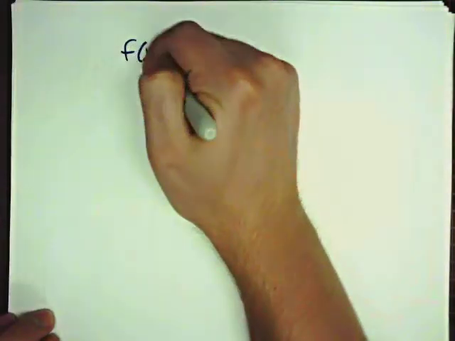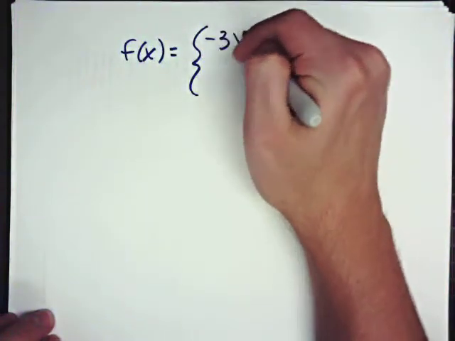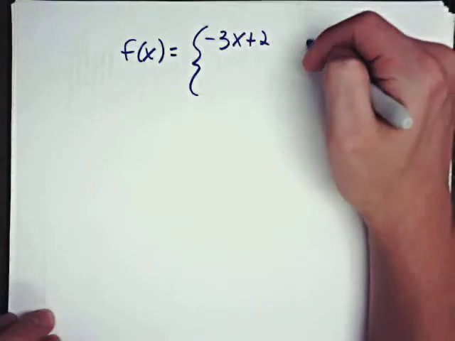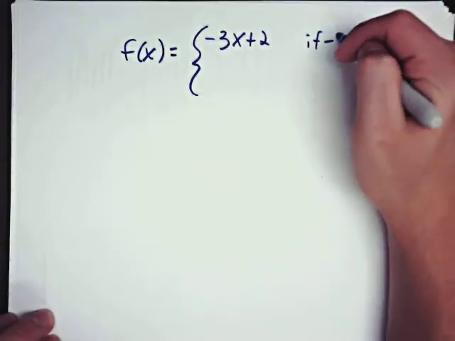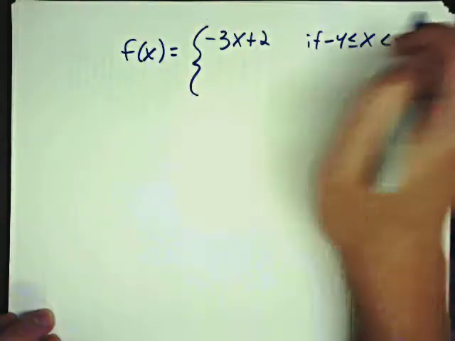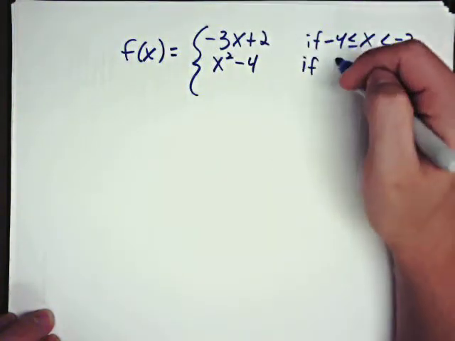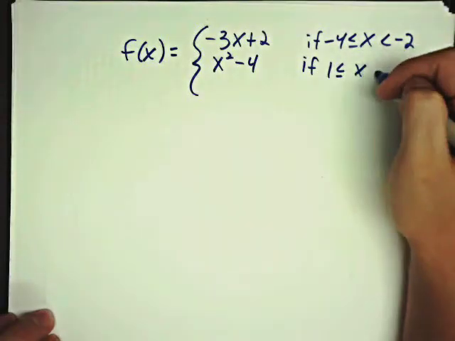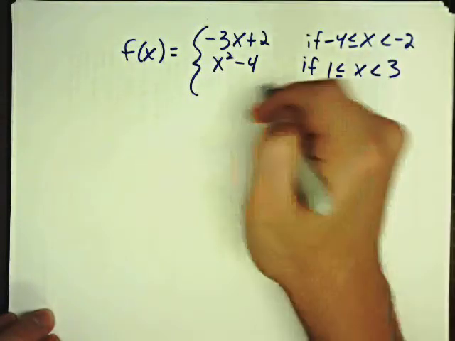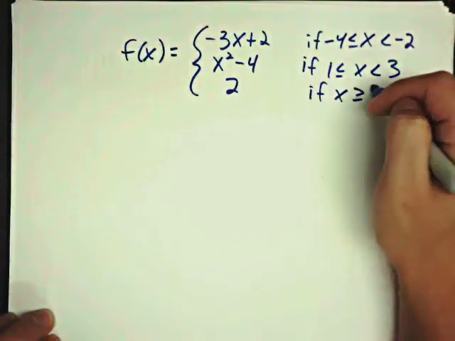Consider the piecewise function defined by f of x equals -3x plus 2 if -4 is less than or equal to x less than -2, x squared minus 4 if 1 is less than or equal to x less than 3, and 2 if x is greater than or equal to 3.